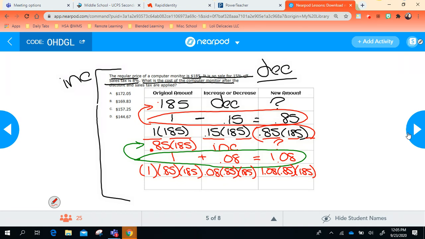Now we solve. So once you get to this last step right here, you're going to use your calculator to go ahead and solve for our final amount. So go ahead and do that in your calculators.